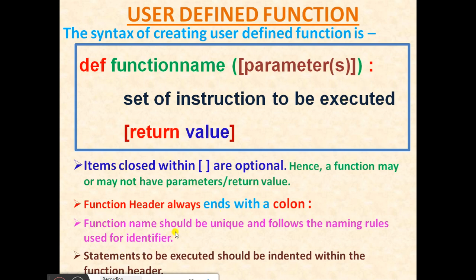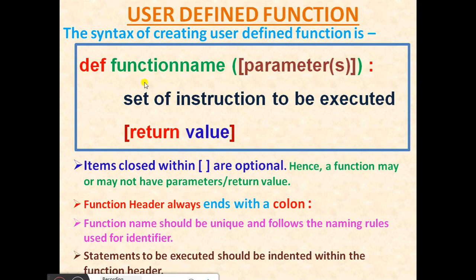A function name should be unique and follow the naming rules used for identifiers. Whatever naming rules we follow in defining an identifier, the same rules we have to follow for giving a function name. A statement to be executed should be indented within the function header.